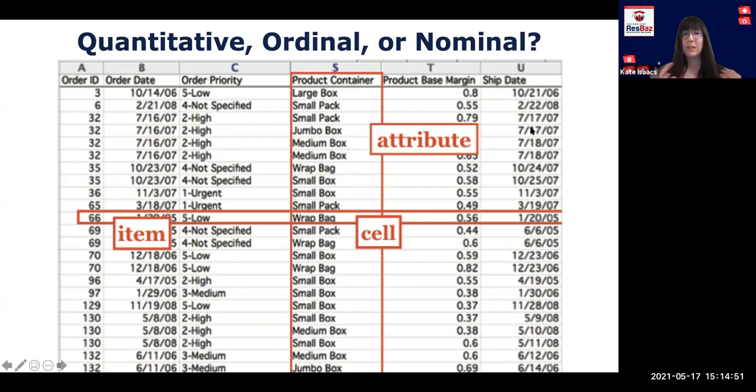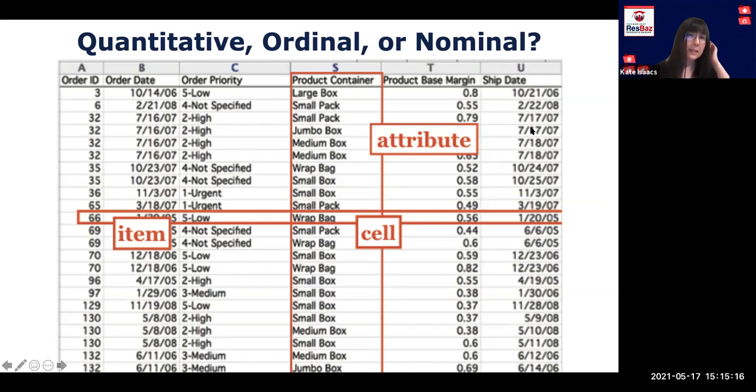Can you tell me which the ordinal fields are? Right, so product container and order priority. Order priority has that 1, 2, 3, 4 in there because they really want you to order it.